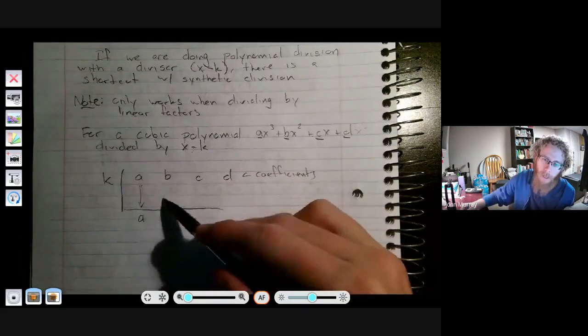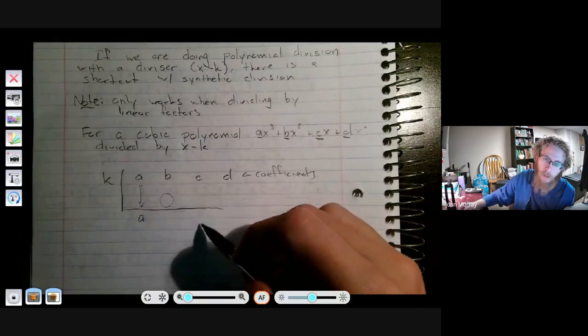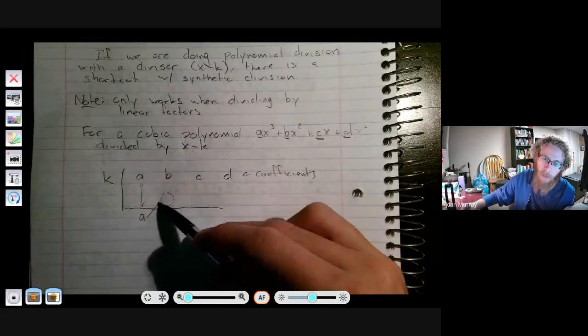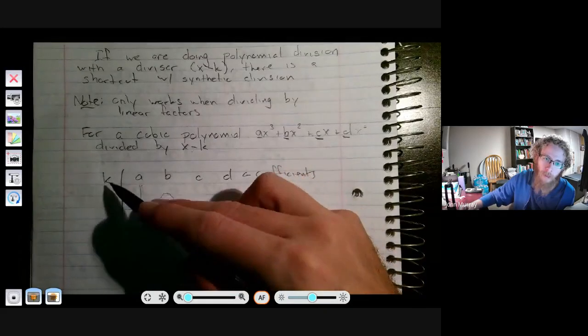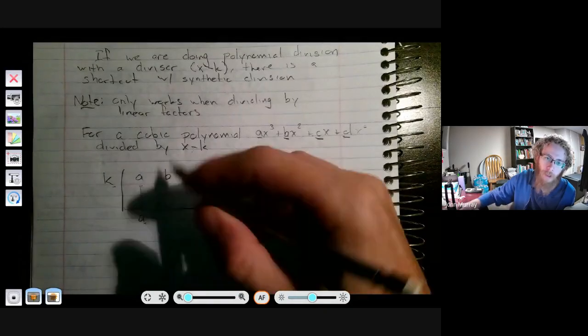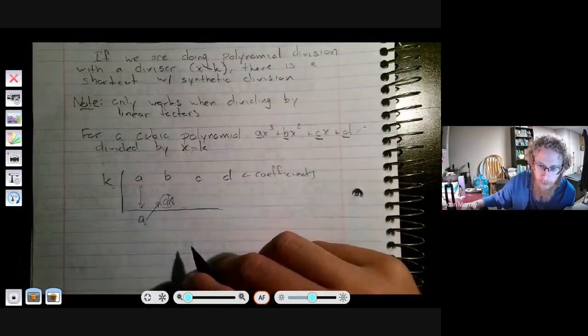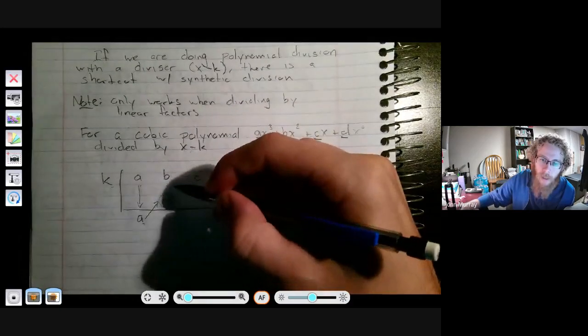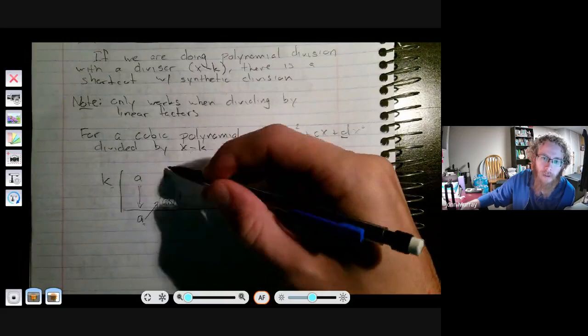Then, to get the number here, we're going to move in a kind of zigzag direction. To get up here, I'm going to multiply whatever I have down here times my linear constant. So here I'm going to have a times k. Then we add down.